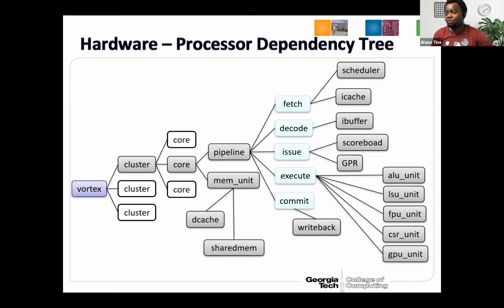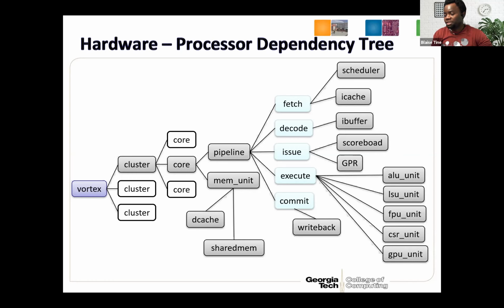At the pipeline level, we have a separate module for the different stages of the pipeline. We try to be very explicit with the naming convention here so that it makes it easier to recognize the different pipeline stages. In the commit stage, we have the write back. In the issue stage, the scoreboard and the GPR register file; decode has the instruction buffer, and fetch has the iCache and the scheduler.